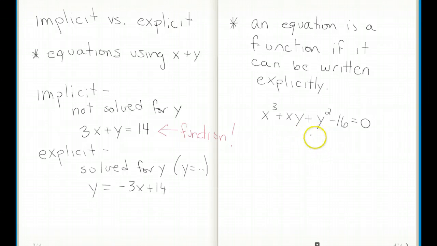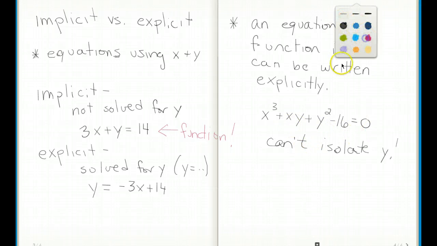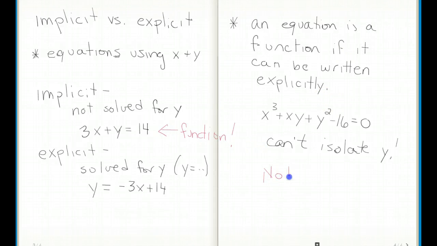There's no way we can get this to say y equals blah blah blah in terms of x. We can't isolate the y. And because we can't isolate the y in this equation, this equation does not represent a function. So this is not a function.